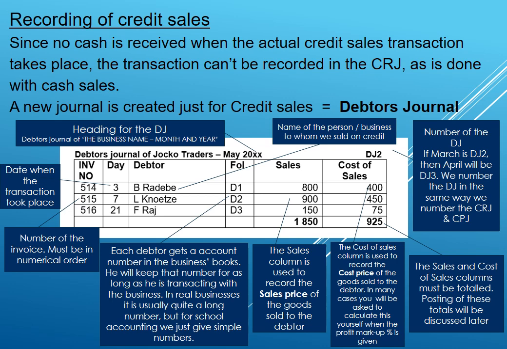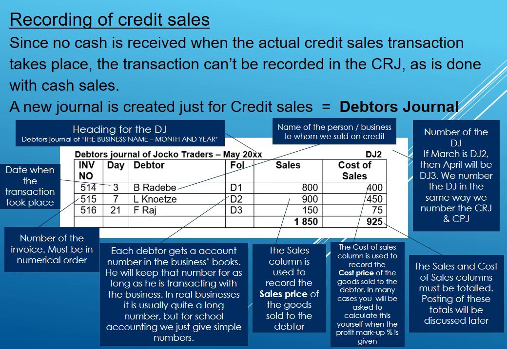Okay, if we look at the money columns in the debtor's journal, we basically only have 2 columns. We have a sales column and we have a cost of sales column. Now, the sales column is very easy, as within the CRJ. In this column, we record the sales price of the goods that we sold to the debtor.